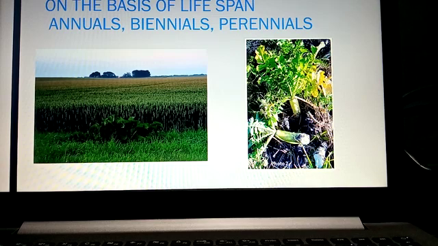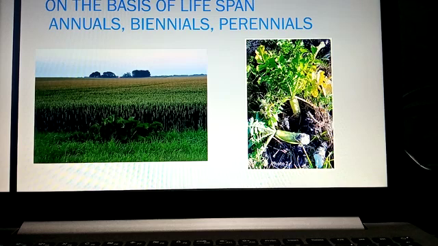Crops are like wheat, paddy, rice. Here you can see the picture of a rice plant. Okay, so they are all crops. They survive only for one season. Okay children, and these are all examples of the annual plants.